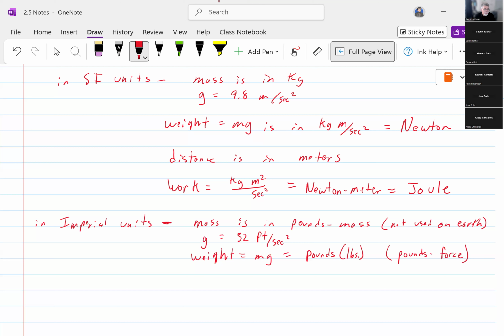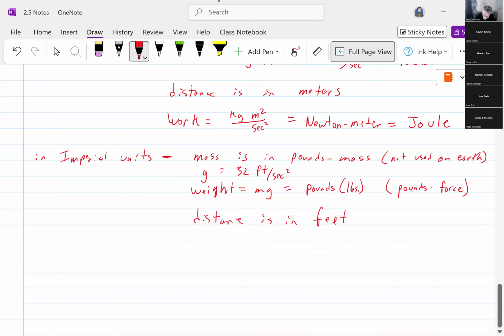And I'm like, well, I'm 185 pounds force. No, you just say I'm 185 pounds, because we're all referencing living on this planet. Distance is in feet. So work is in pounds times feet, or what we call foot pounds.